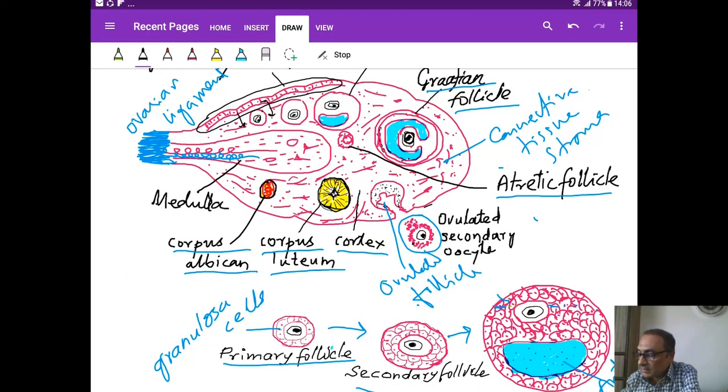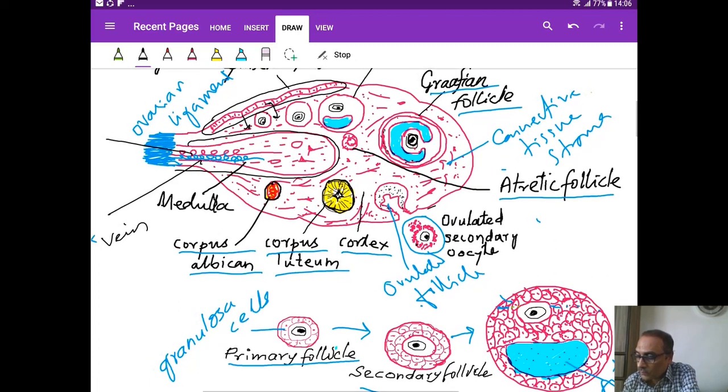So we see here, this is the medulla region, and we see the vein, that blue colored, and the red colored one, artery, and also lymph vessels enter into this region. There is a connective tissue over here, and it is also supplied with the nerves. Now this serves the important function of providing nutrients to the tissues and cells of the ovary.